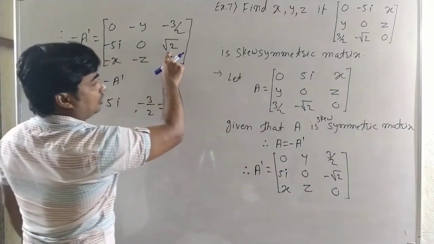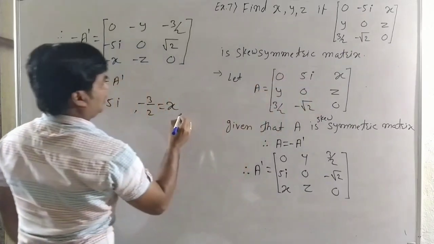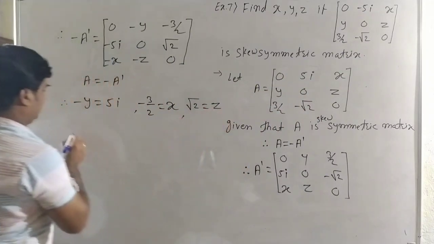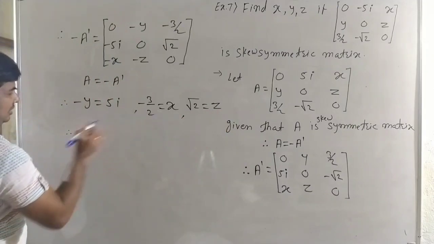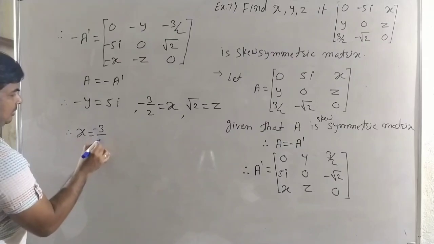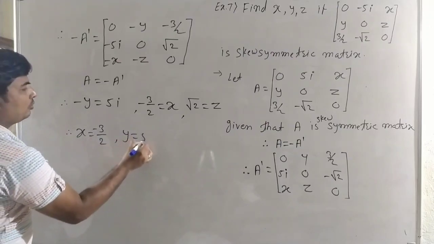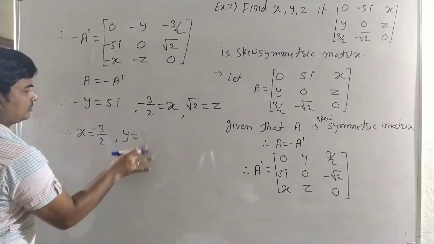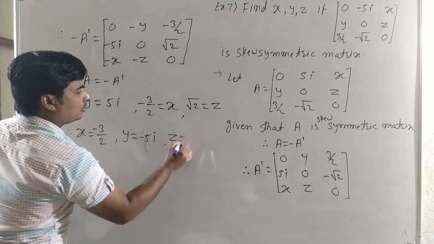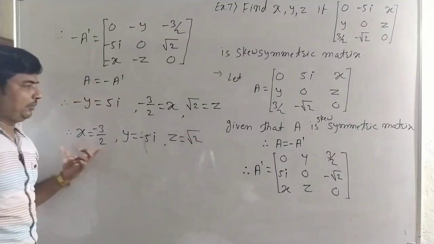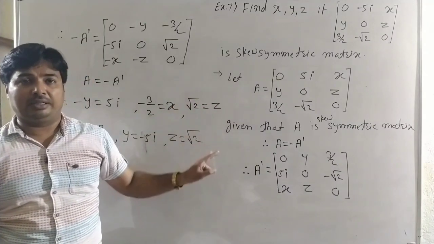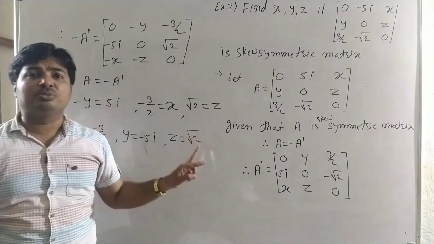Here root 2 is equal to z. Therefore x is equal to minus 3 by 2, y is equal to minus 5y, and z is equal to under root 2. It is the value of x, y and z if it is a skew symmetric matrix.